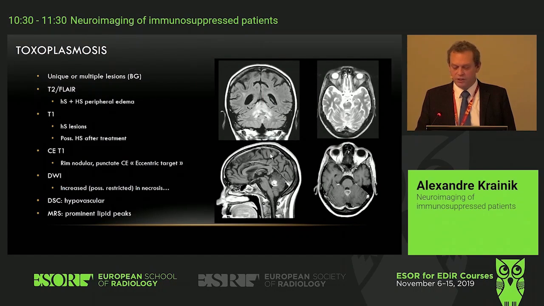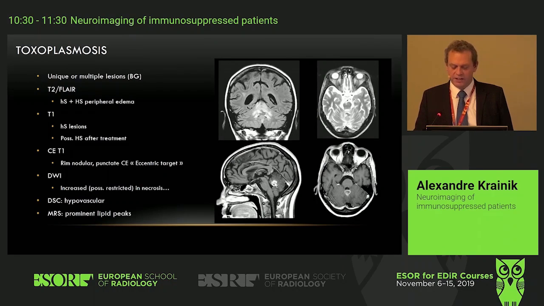On T1, quite similar, you may have a central hypointensity surrounded by contrast enhancement. You see a peripheral contrast enhancement with a little particularity here, a small enhanced center. Then it's called a target sign.